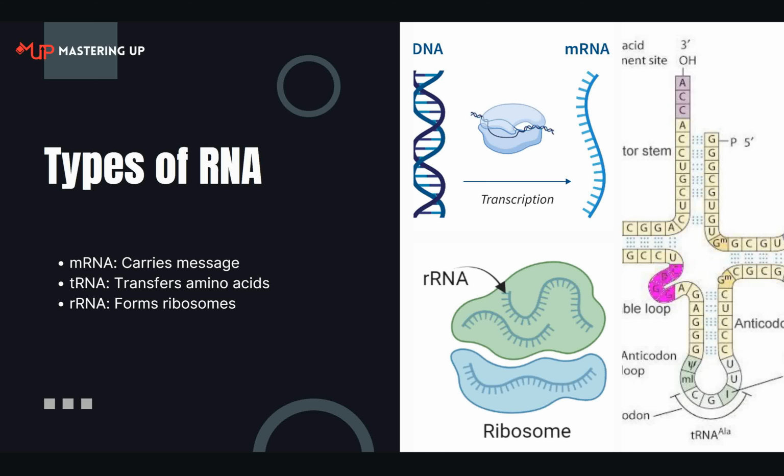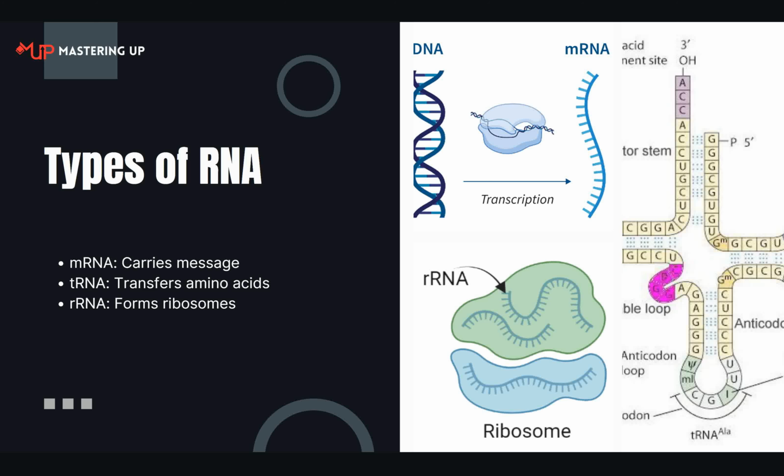Apart from this, RNA comes in several types, each with a specific function. Messenger RNA or mRNA carries the genetic code from the DNA to the ribosome, where proteins are made. Transfer RNA or tRNA brings the correct amino acids to the ribosome during protein synthesis.